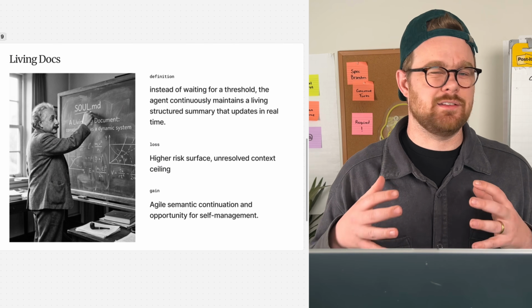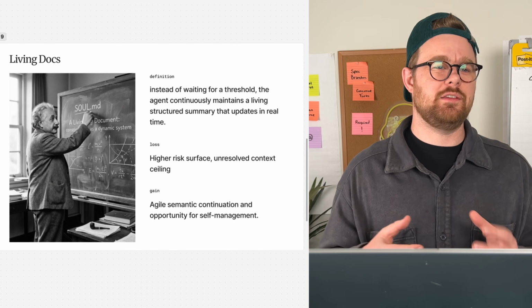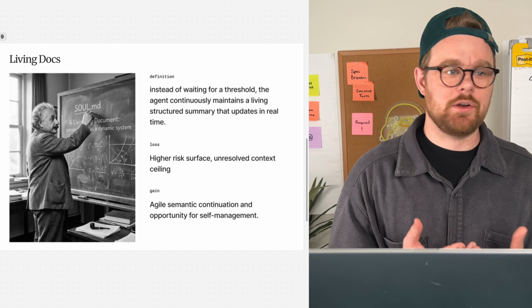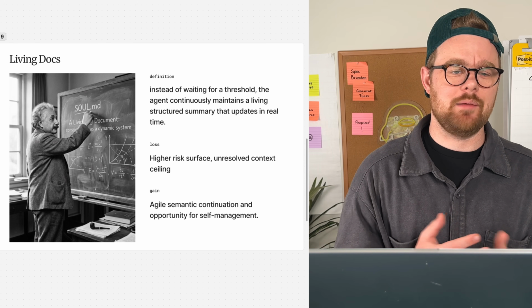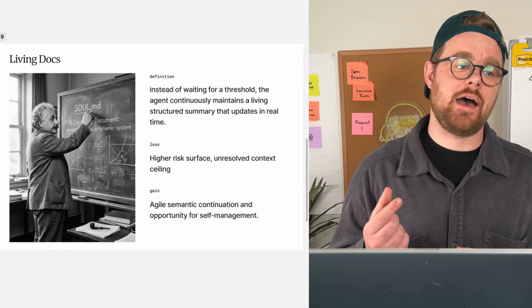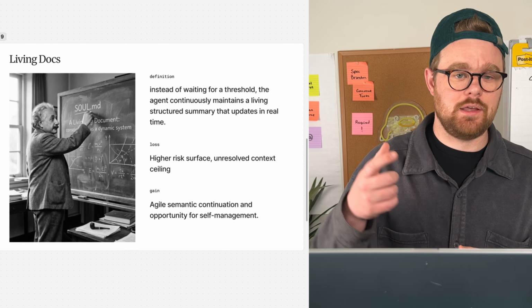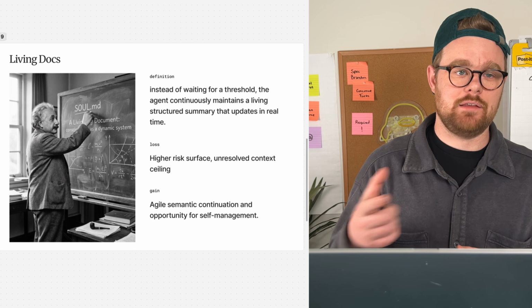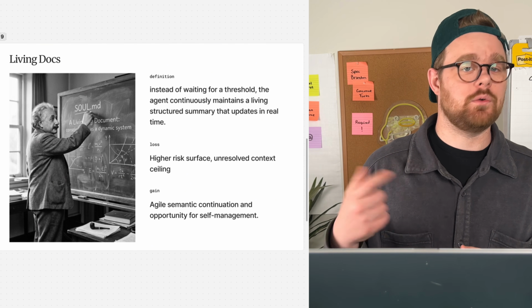And then last is living documents. So you see these a lot with like OpenClaw, Claude Code, I guess. The Claude MD files can be set up this way, where you essentially have a scratch pad the agent can actively manage as a file to manage its own context.